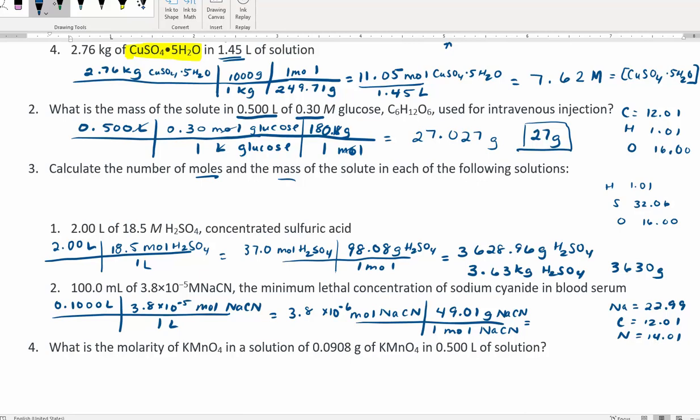Multiply that times the number of moles and get 1.86 times 10 to the negative 4. Now the units for that are grams. And that is sodium cyanide.